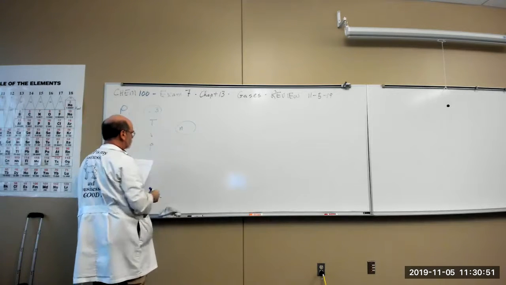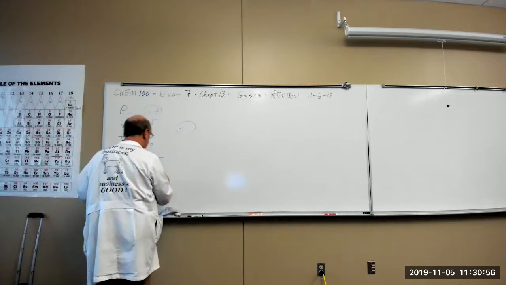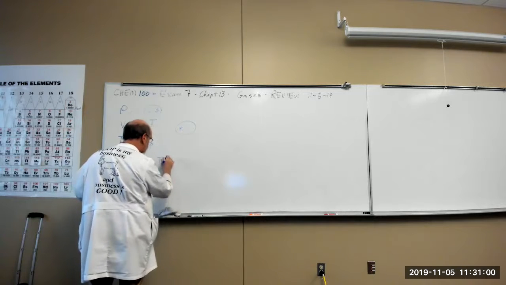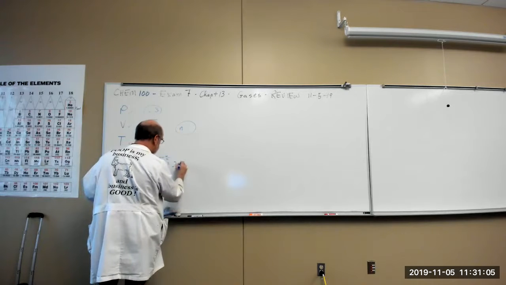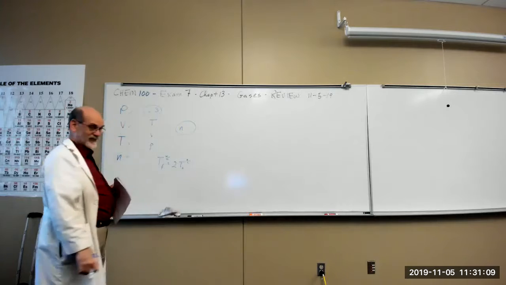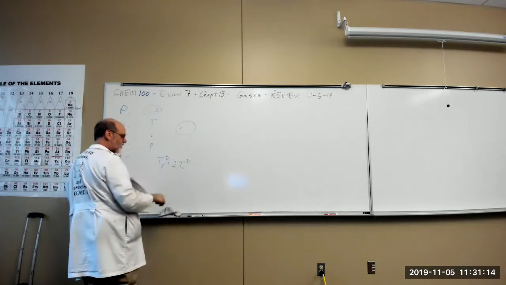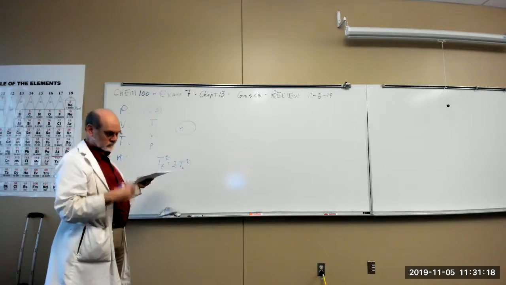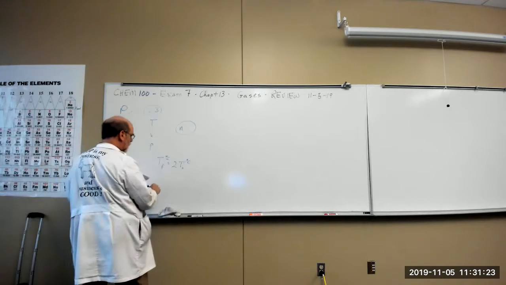So what happens to the temperature? Well, the final temperature in degrees centigrade is twice the initial temperature in degrees centigrade. That's the key right here. So if we're going to talk about gas laws, what temperature do you have to have? Kelvin.